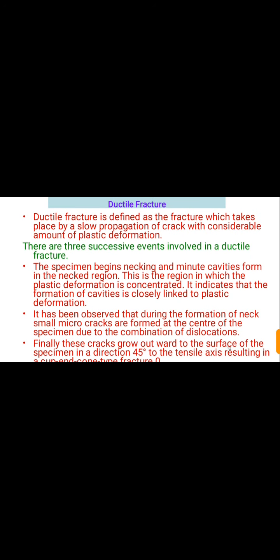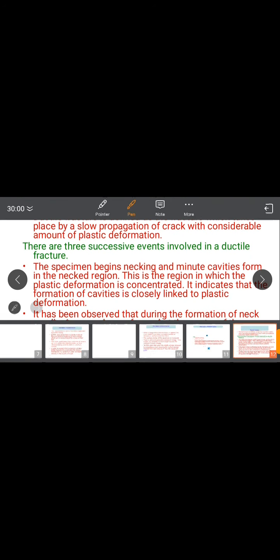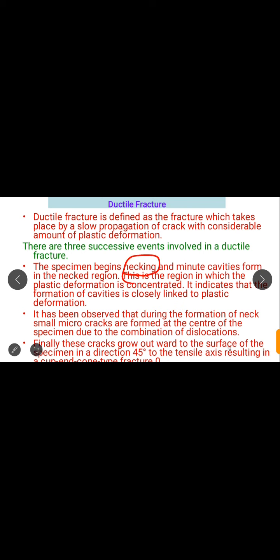Here necking will occur. Very important. If you look here, the specimen begins necking. You all know that if you take a wire and apply stress to it, the wire gets necked at the middle. Necking means it narrows like a neck.